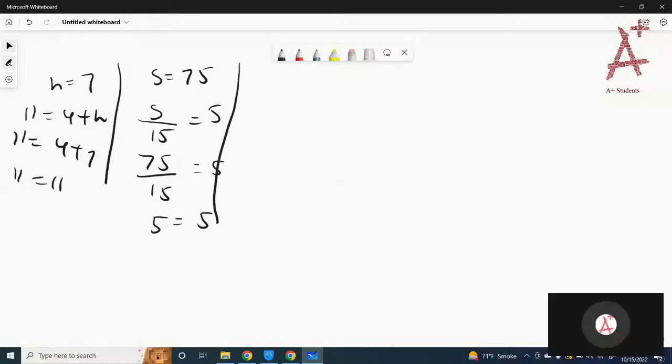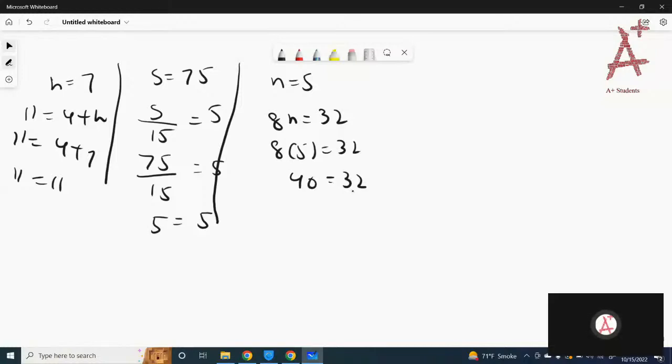Okay, the next one is n equals 5 the solution of the equation? And the equation is 8 times n equals 48. 8 times 5 is 40. See, both sides of the equation are not equal. That means no, this is not the solution of the equation. Got it?